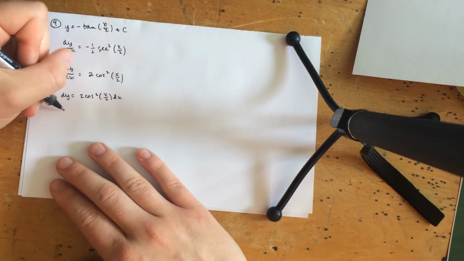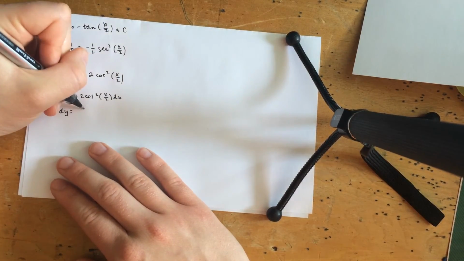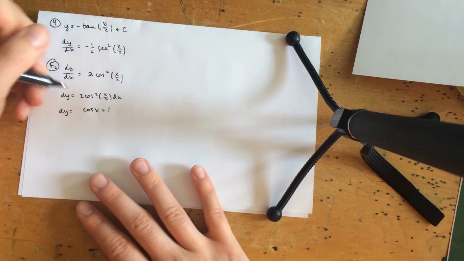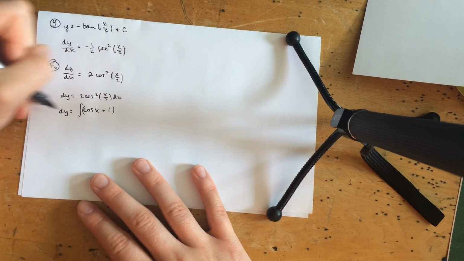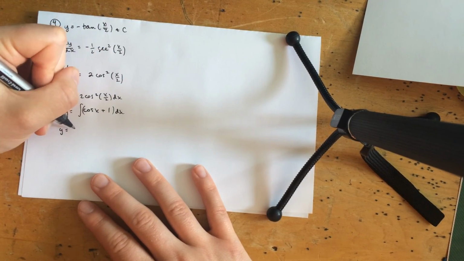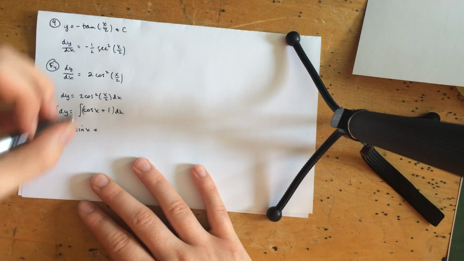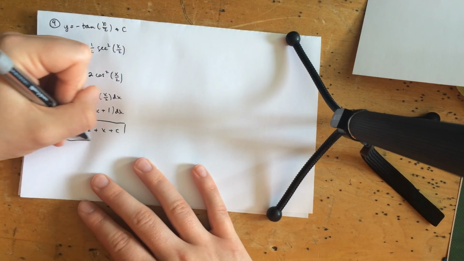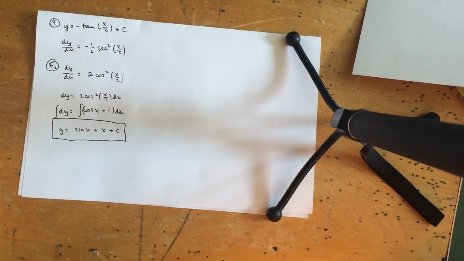And using a trig substitution, we find that dy equals cosine of x plus 1, which I just simplified pretty quickly. So we're going to integrate both sides and find that y equals sine of x plus c, and we find that that is the function F2 that is orthogonal to the original.